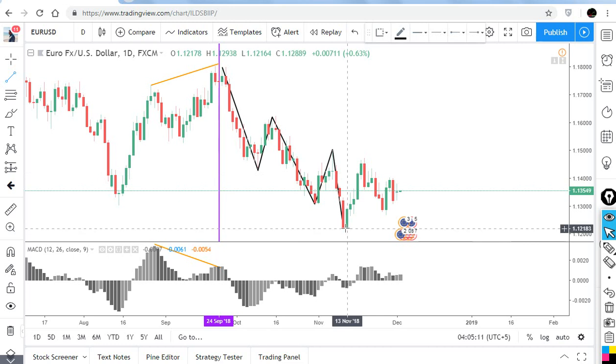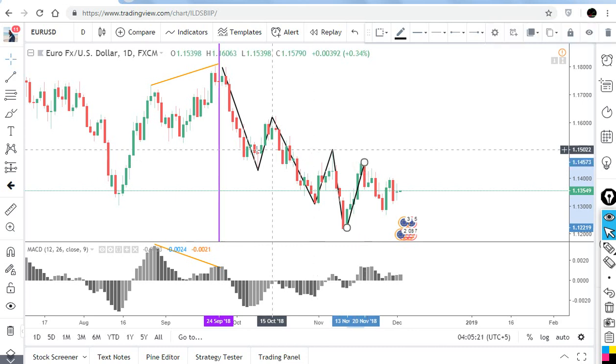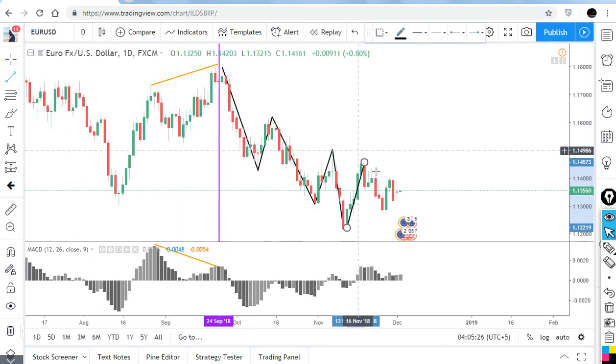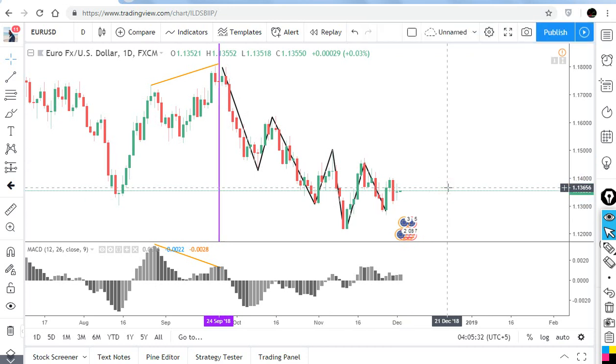After this successful impulsive pattern, it gives you an A part, and then a B part and then a C part, right? Okay, now let me talk about it.